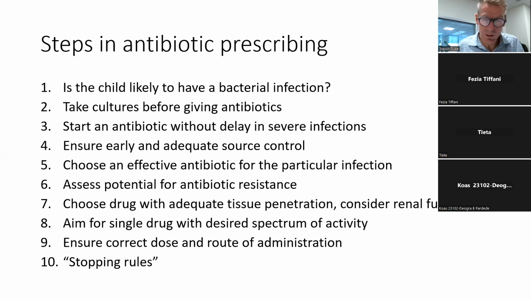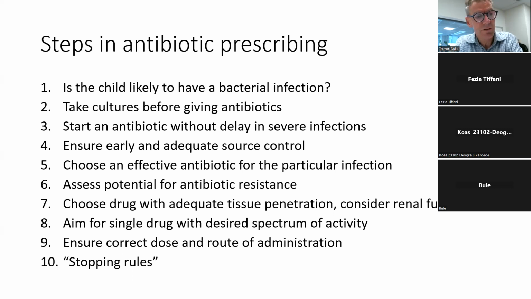When you're starting antibiotics in any seriously ill child, you need to ask the question, have I got adequate source control? This is really important. Often as pediatricians, we start antibiotics, but we think, well, the surgeons will deal with source control, but actually it should be up to us to identify whether or not there's adequate source control.